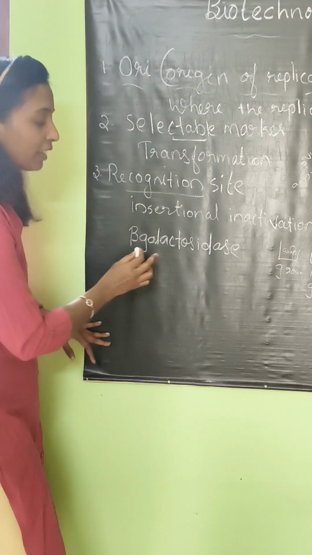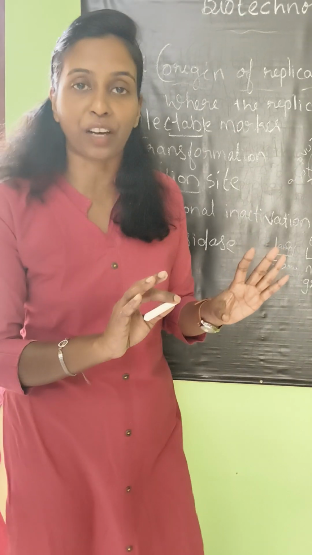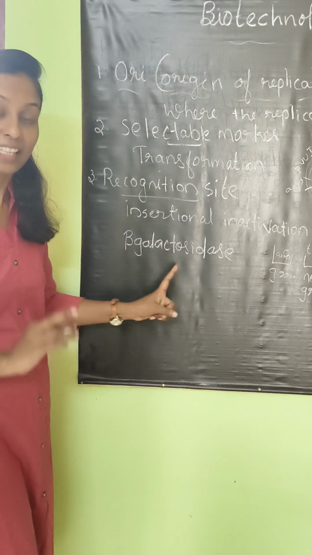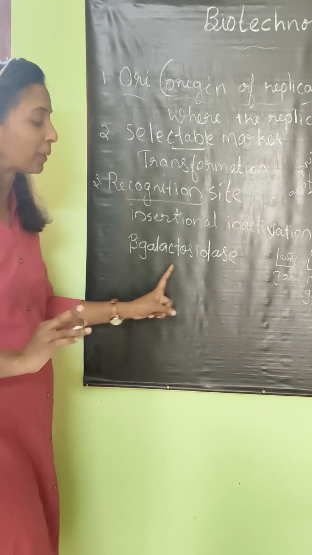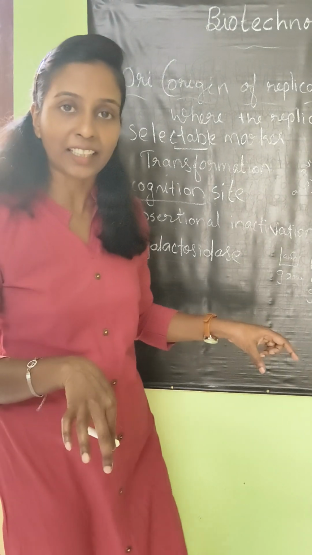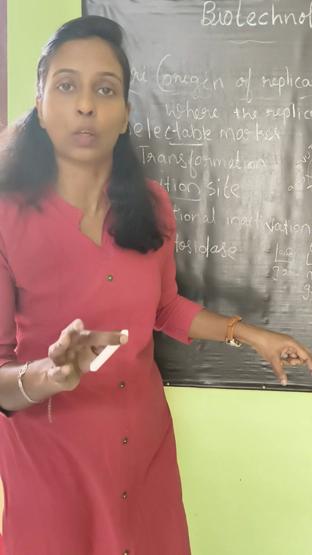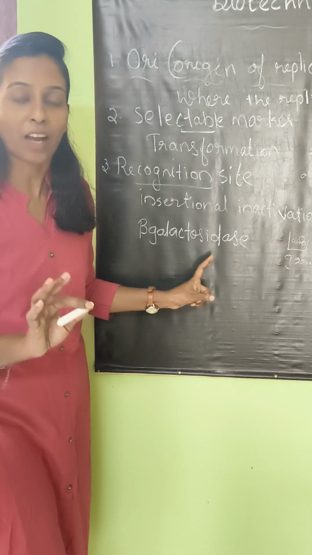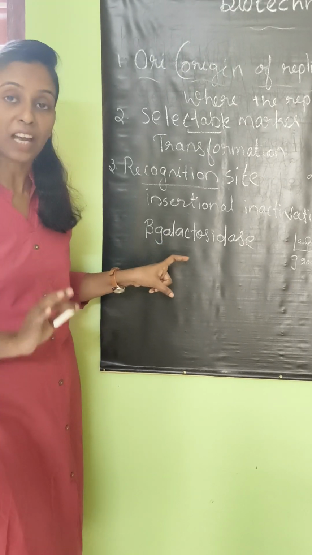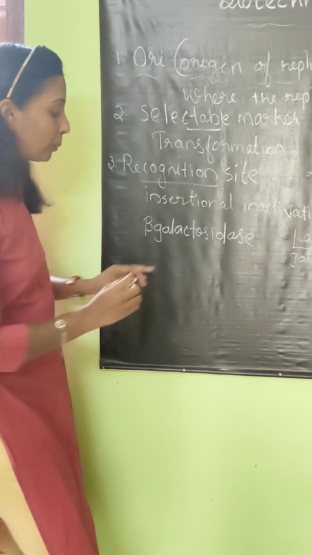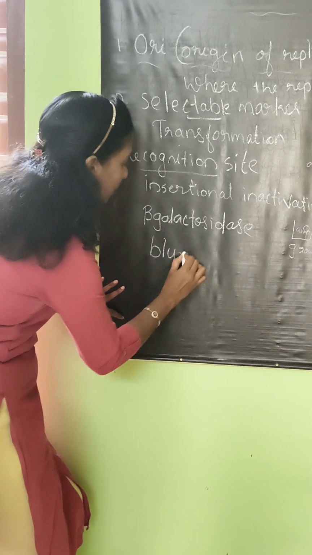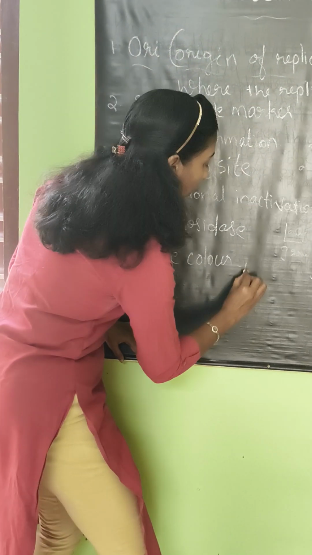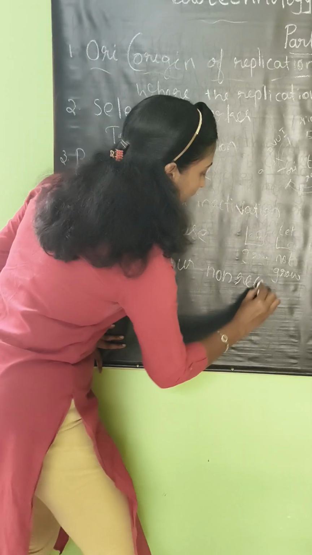We have to identify the particular sequence that codes for beta galactosidase, and there we insert our gene of interest. If that part produces blue color, then we understand it is non-recombinant.